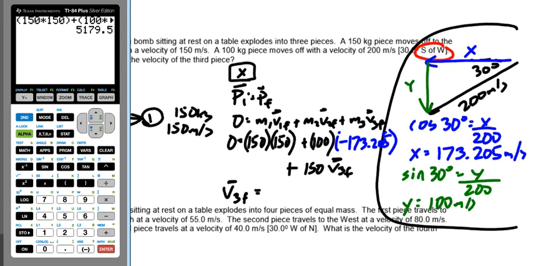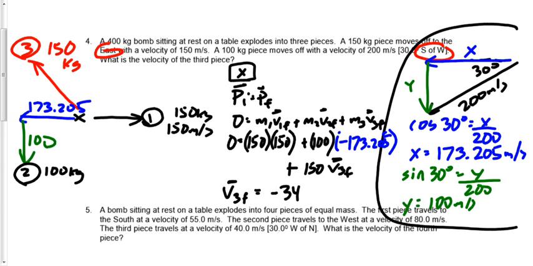It gives me 5179 on the right side. If they take that over to the left side, I take it over by subtracting. And then I'm going to divide by 150. And that gives me negative 34.53. So what have I just found? Not VF, but I found the x component of VF.